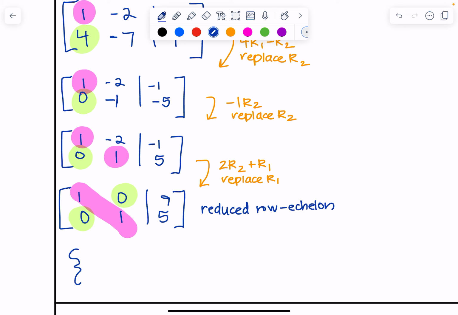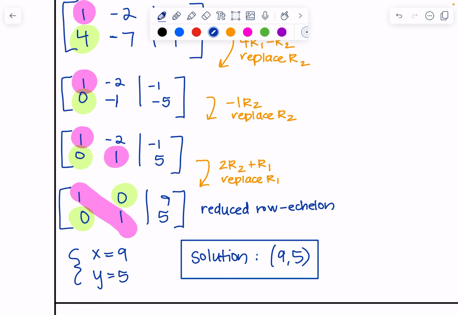Okay, so we get this system, x equals 9, y equals 5. And there's no substituting, it's already done for us. So for this one, the solution is (9, 5).